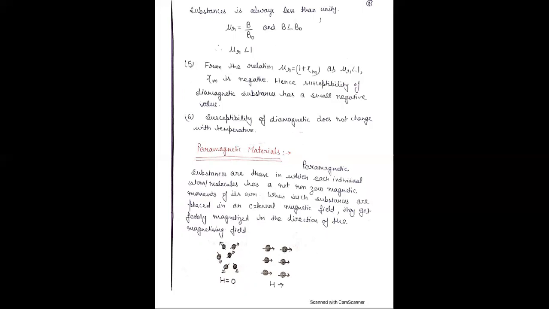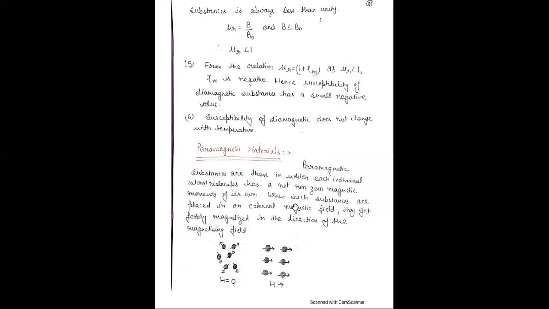This is because in a paramagnetic material there is an odd number of electrons in the outermost shell, and therefore the magnetic moments of the individual electrons due to their orbital as well as spin motion do not cancel out, and so an individual atom has a permanent, net non-zero magnetic moment of its own.